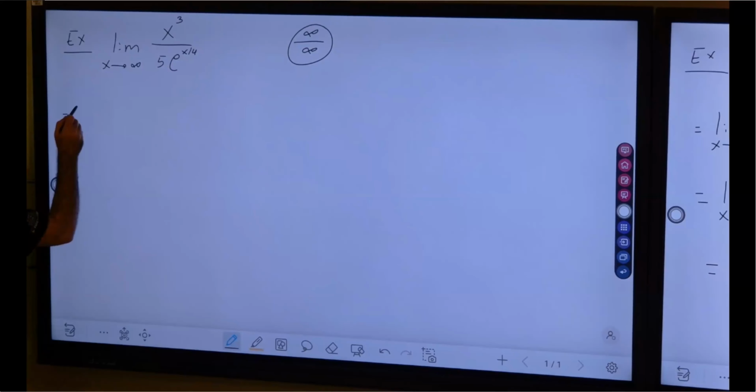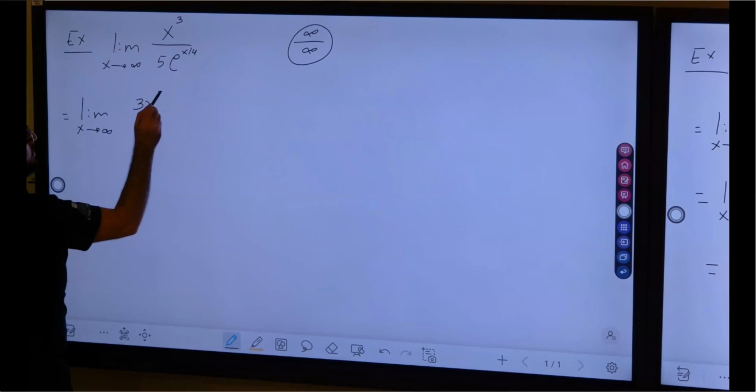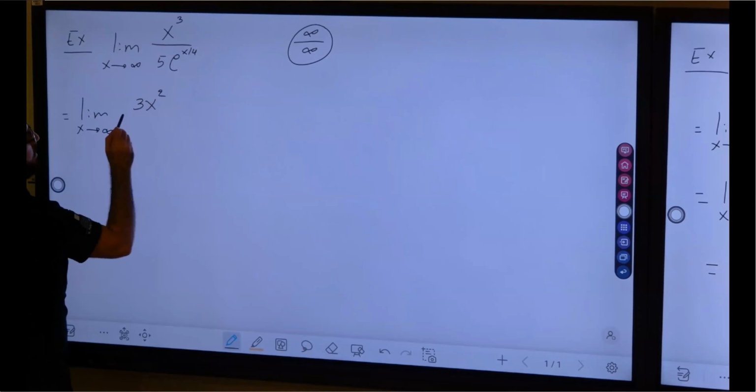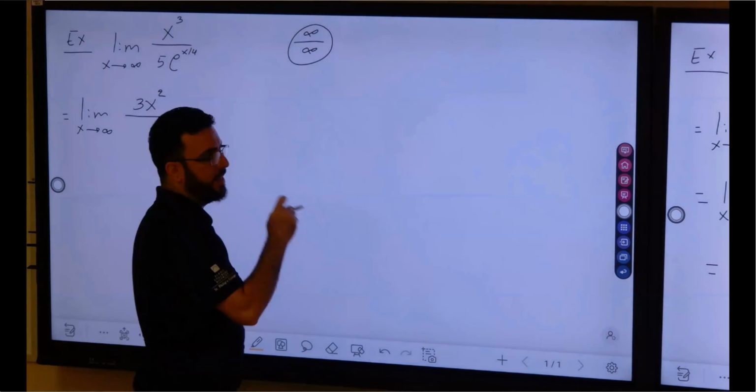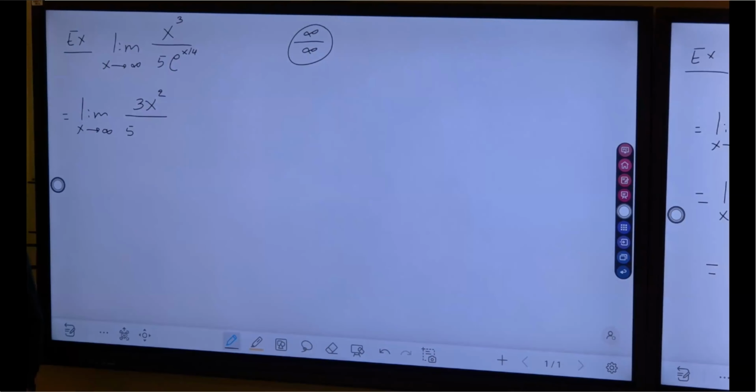Equal, here is the limit as x approaches infinity. What's the derivative here? 3x squared. What's the derivative here? The 5 stays the same, but times e to the x over 4, times the derivative of x over 4, right?